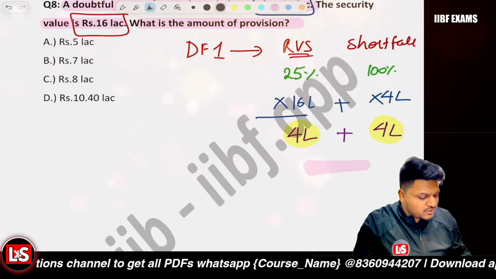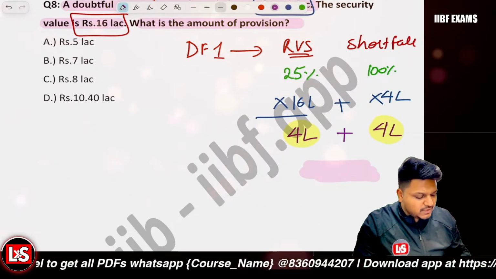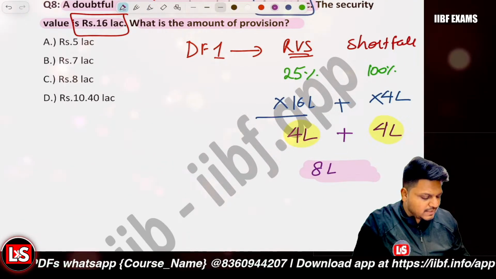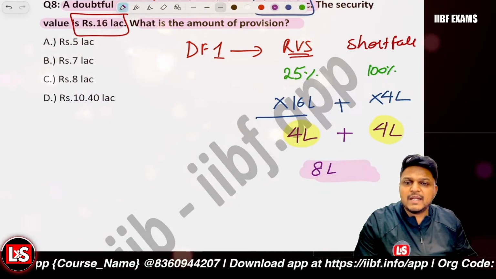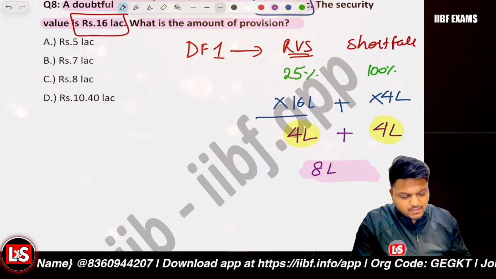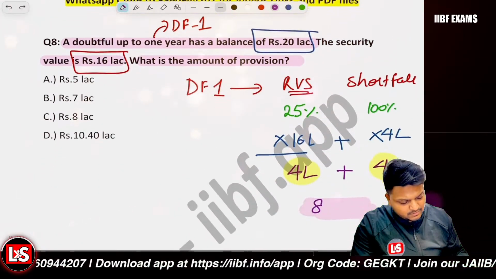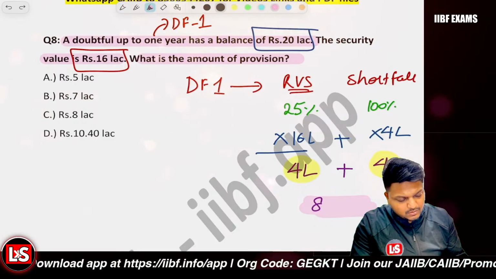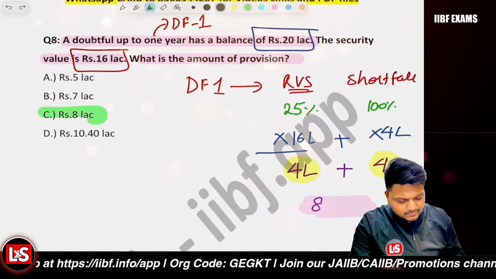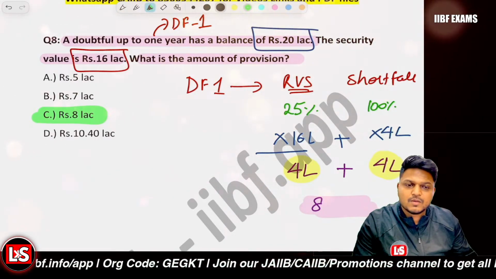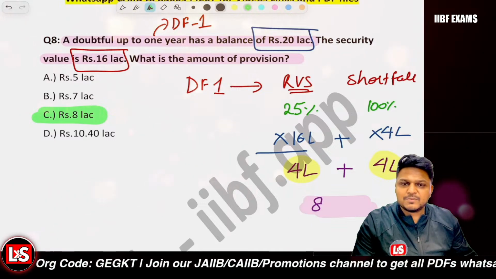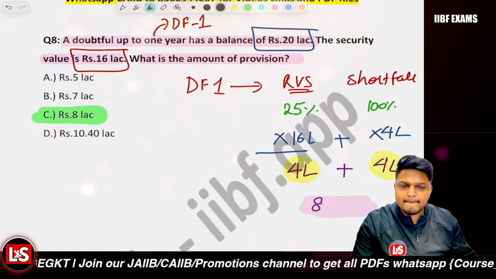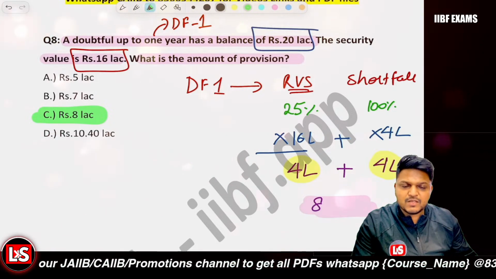The total provision we need to maintain is 8 lakh rupees. So the answer for question number 8 is option C.